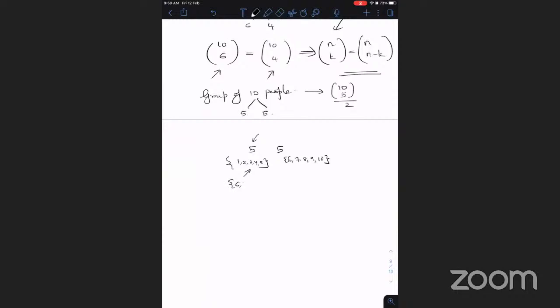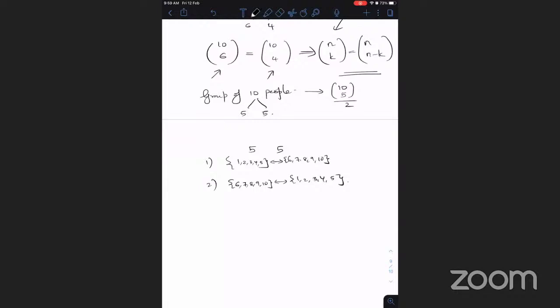But also, this is a possible outcome. So the same groups are being created here. The groups that are being created here are the same, but you are counting it twice. So when you're counting it twice, you divide it by 2 so that the answer is corrected. So 10 choose 5 is right, but you have to divide it by 2.